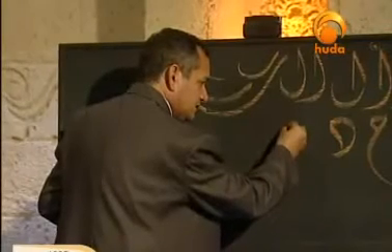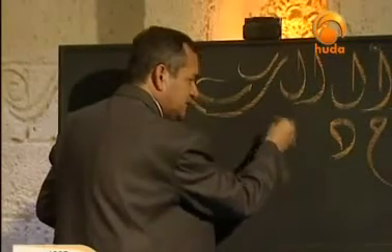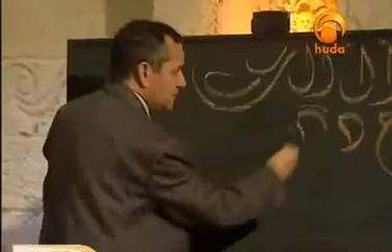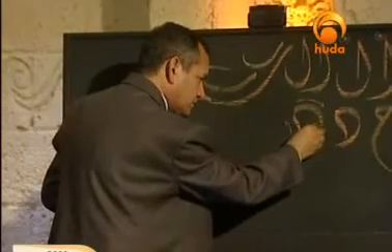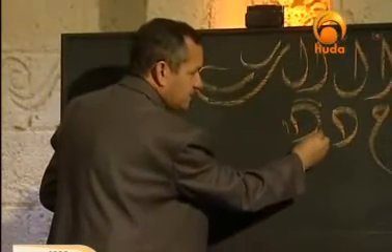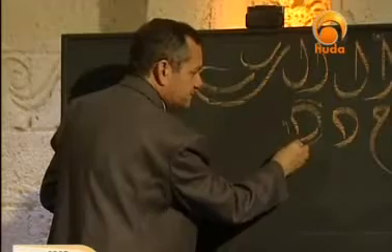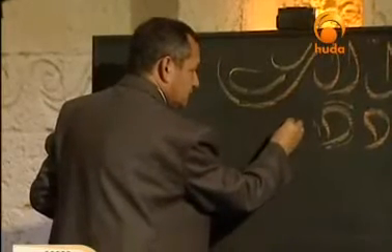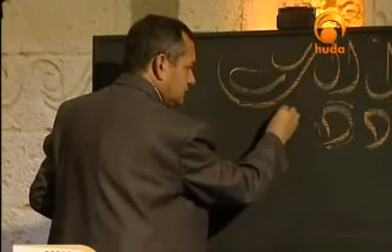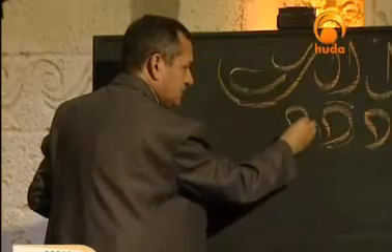One letter of dal: apart, start from down to up, and the curve from up right, and the third curve comes from right to left. So it means three steps to write the letter dal: 1, 2, and 3.